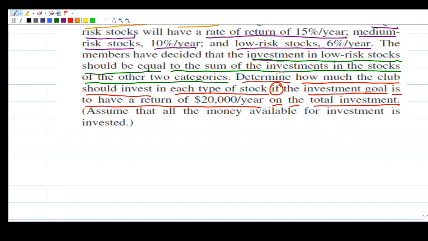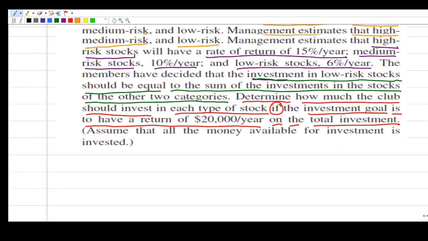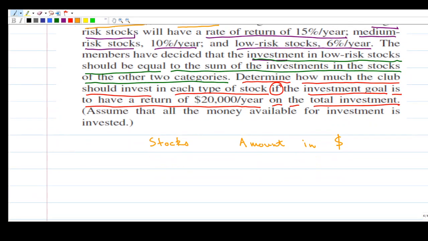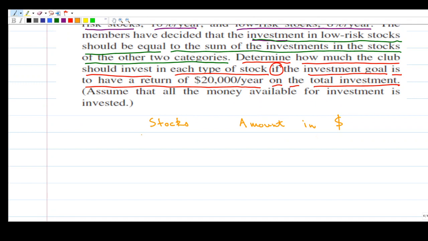So if we look at this, we've got stocks, and we are given information on the amount to be invested in dollars.